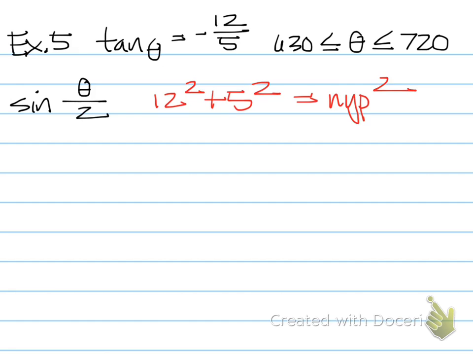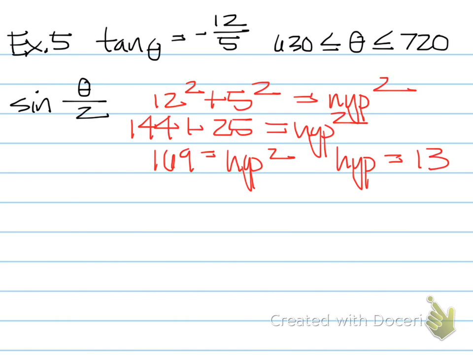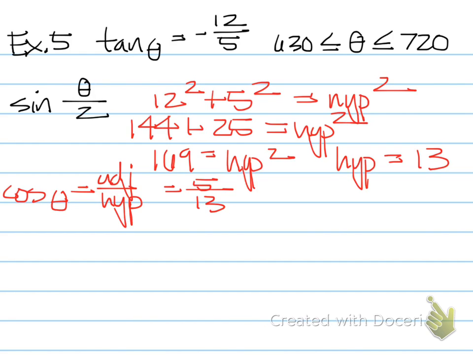So we're going to square both of those, add them up, and then take the square root of that value to get the hypotenuse of that right triangle. So we determine that the hypotenuse is actually going to be 13. And since sine is opposite over hypotenuse, cosine is adjacent over hypotenuse.